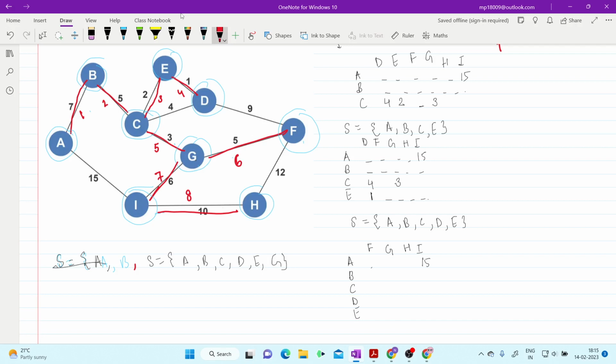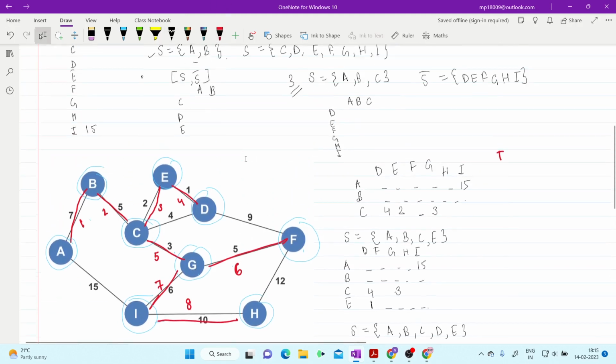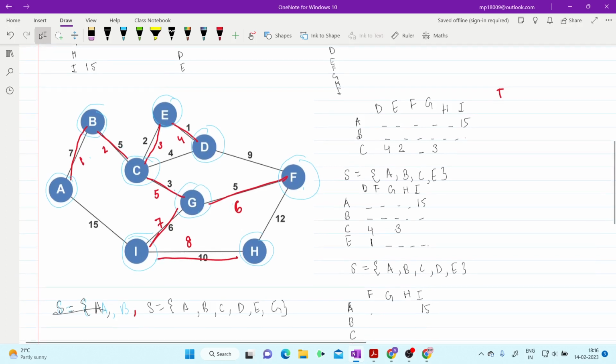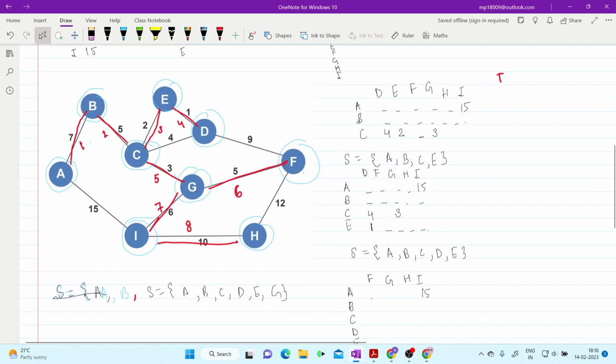So is this algorithm clear for everybody? I can repeat any step if it is not clear. Is it clear for everybody how to find minimum spanning tree using Prim's algorithm? Yes, ma'am. Clear, ma'am. Okay. Ma'am, but one doubt: using Kruskal's algorithm and Prim's algorithm, whether we get the same minimal spanning tree or not.